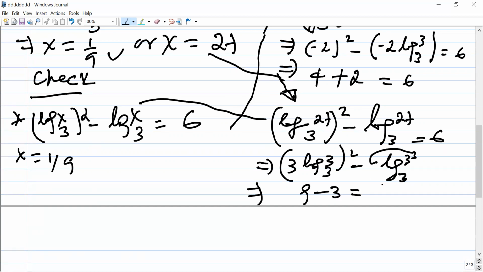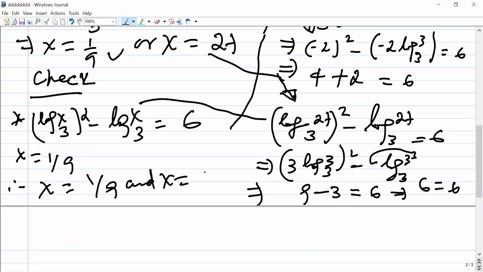So this is equal to 9 minus 3, which is 6. Therefore, 6 is equal to 6. That is true. So we can conclude that our answers are x is equal to 1 over 9 and x is equal to 27. These are the true answers that we have checked.